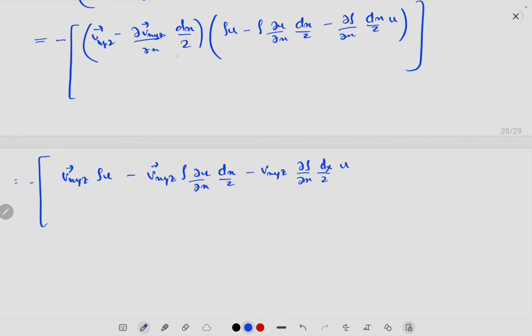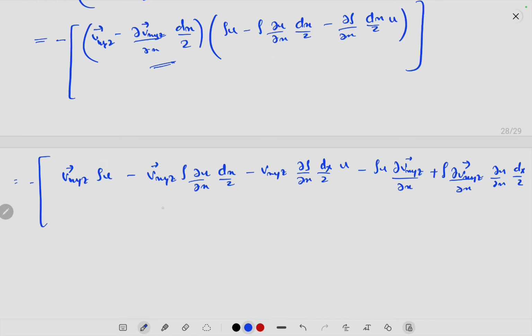Now let's multiply this term. So this will be minus rho u del v(x,y,z) by del x plus rho del v(x,y,z) by del x del u by del x dx by 2.